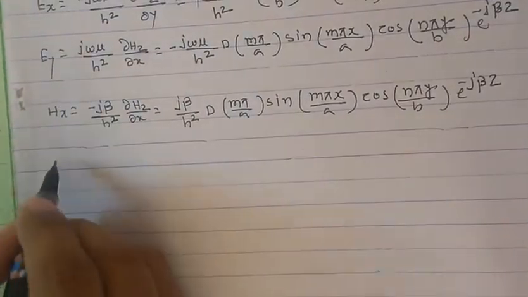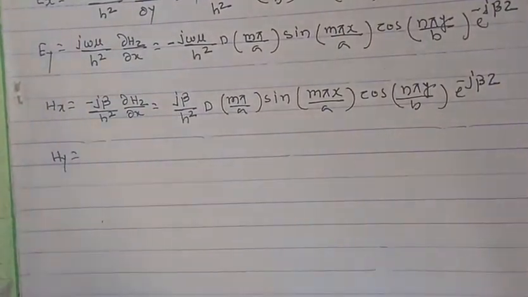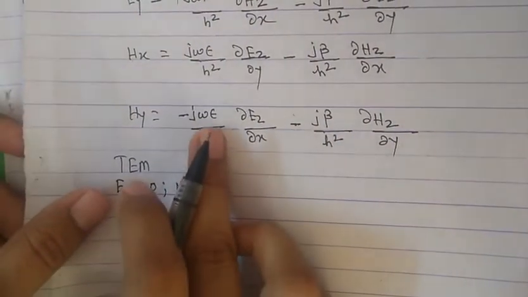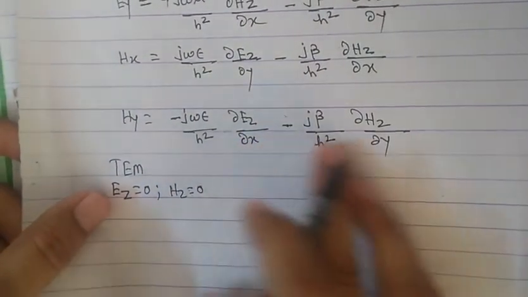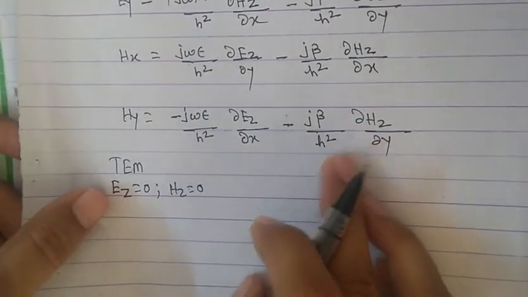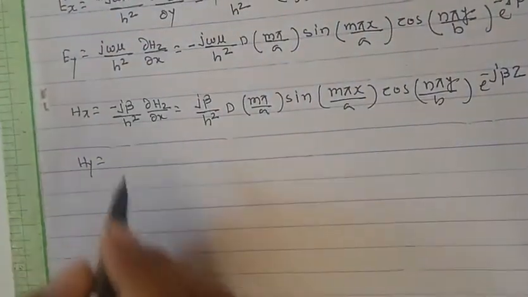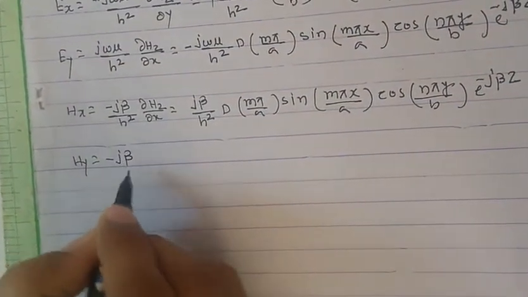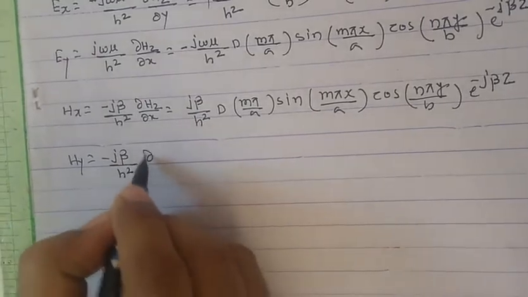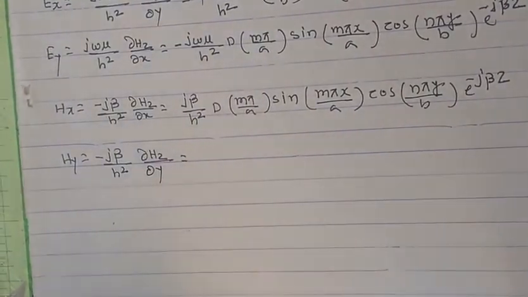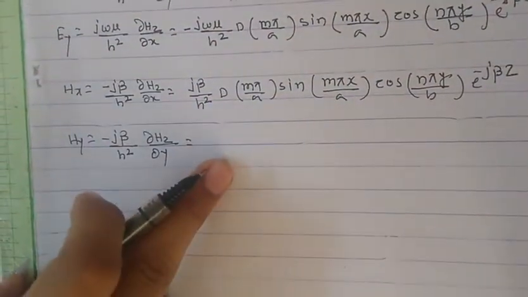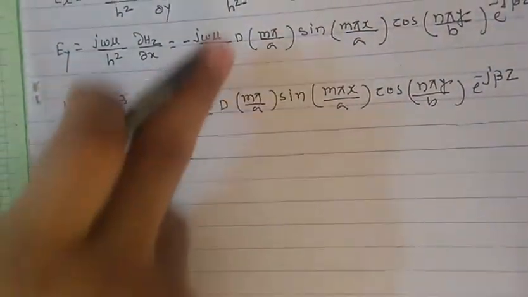And last Hy, it is j omega epsilon upon h square del Ez, sorry, this will be 0, minus j beta upon h square del Hz by del y. You can simply copy this because you know this is exactly the y derivative with respect to Hz.